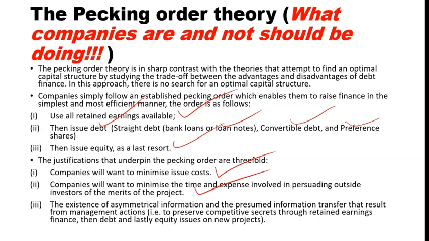Why? Because those external parties might want you to disclose more about your new project, which might put its competitive advantage in danger. By disclosing that information, you end up selling out your ideas to competition. So it is better and advisable to fund your own things using internal funds that will keep your company secrets intact.